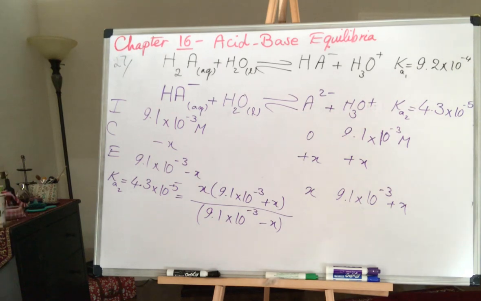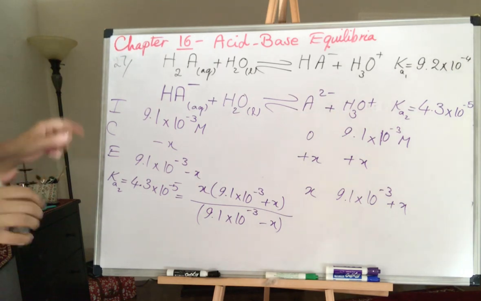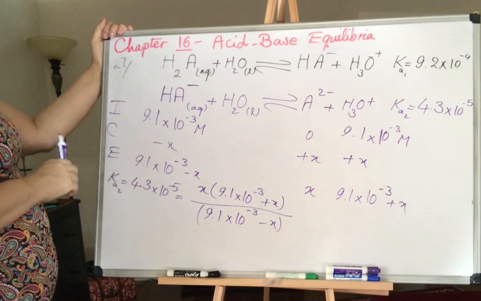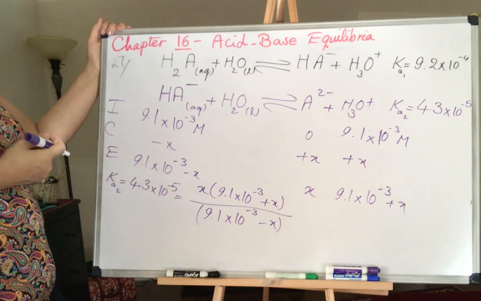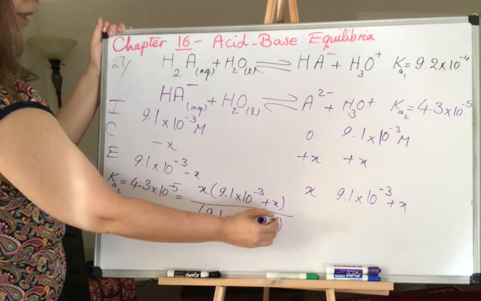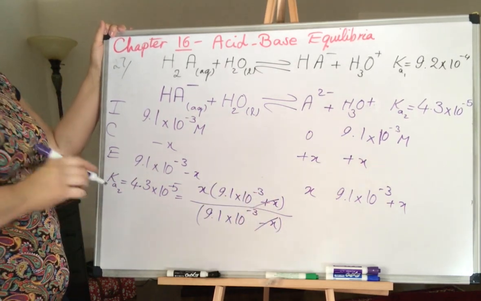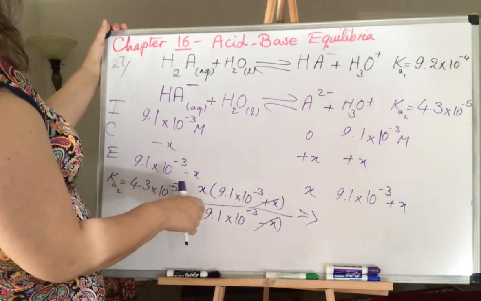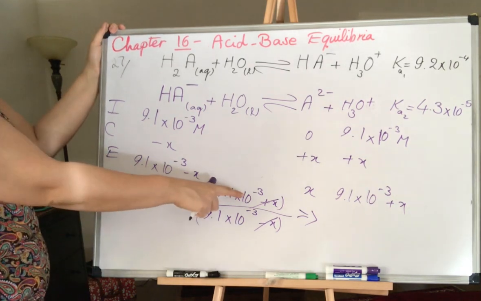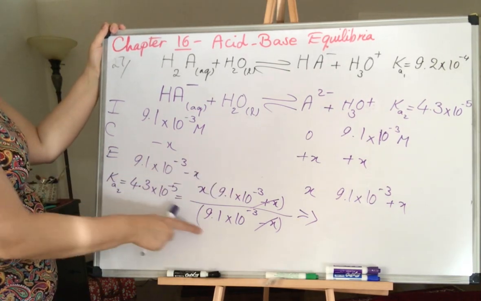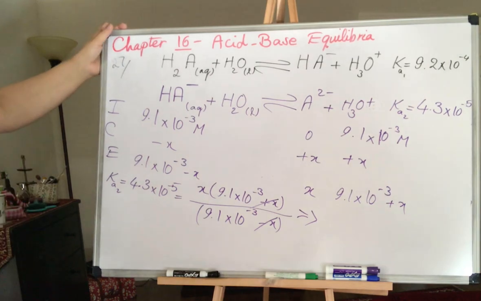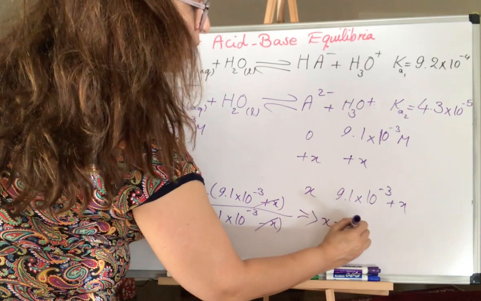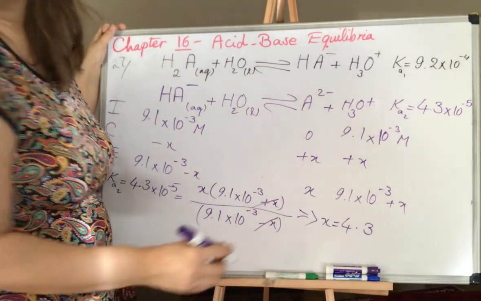So now if you divide the original value by this value, it's going to be, again, more than 1,000, then you can eliminate these. And then you will have 9.1 times 10 to negative 3 times X is equal to these two times each other, and X is going to be 4.3 times 10 to negative 5 molar.